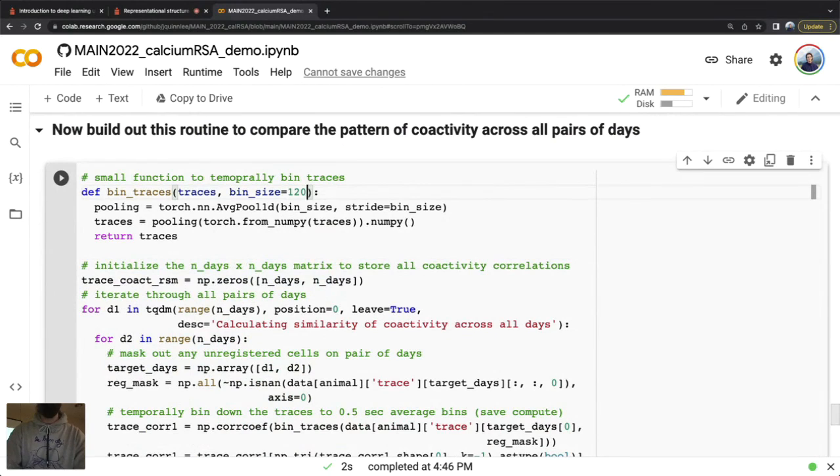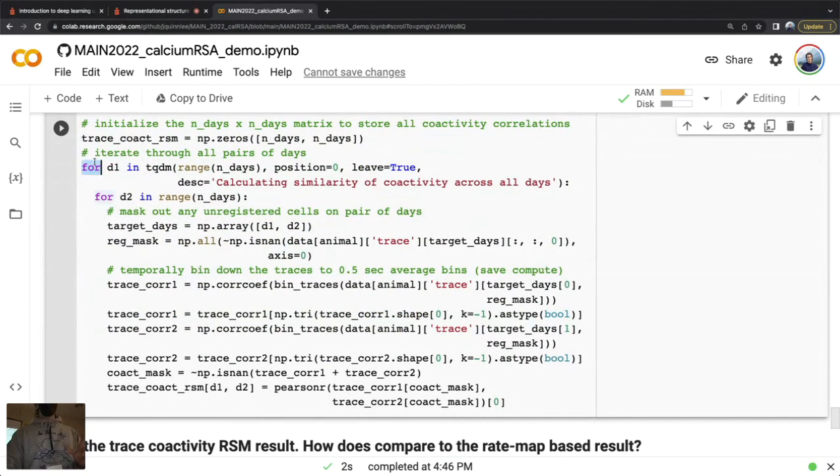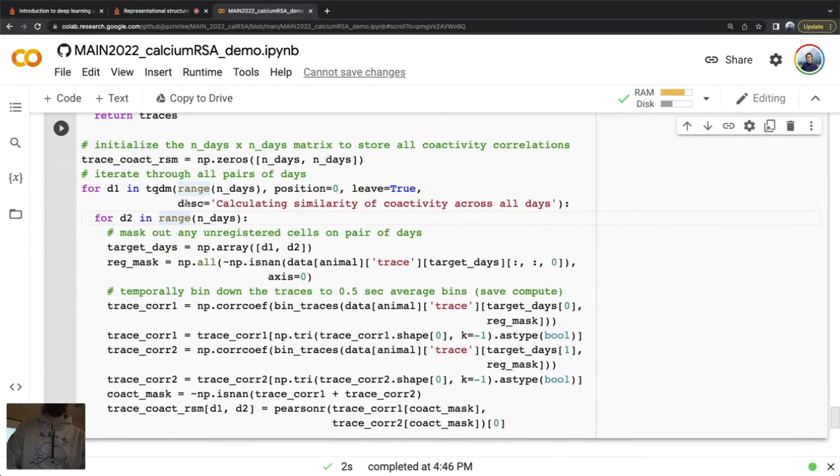But I'm going to bin these really hard so that it just runs faster. These are some functions that I've written for simply comparing every day with every other day, and generalizing this coactivity comparison so that it works across all pairs of days. And you can read into that in detail if you'd like in the kernel.